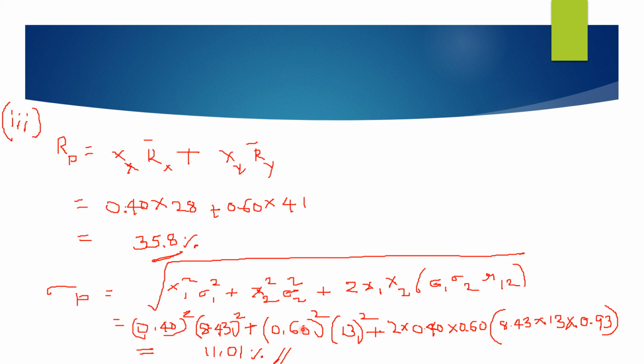So 0.40 the whole square into 8.43 the whole square plus 0.60 the whole square into 13 whole square plus 2 into 0.40 into 0.60 into 8.43 into 13 into the R value 0.93. By calculating you get 11.01%.